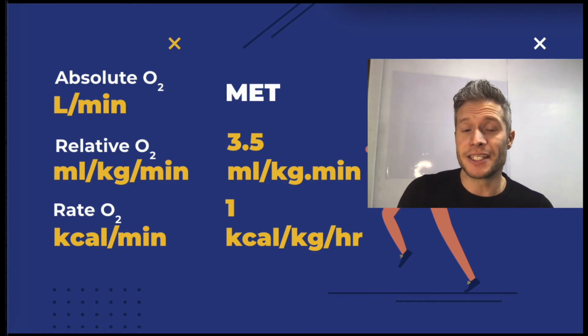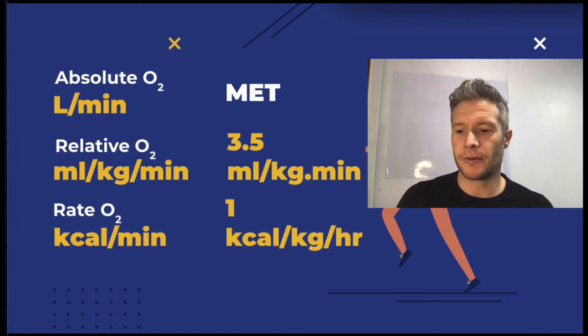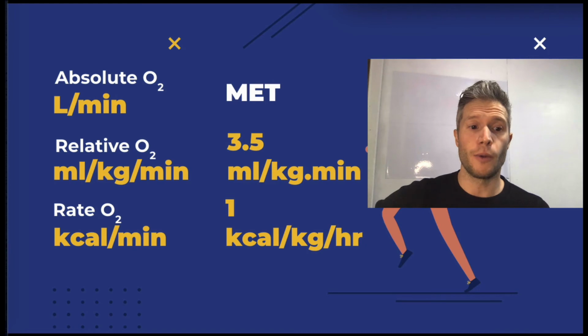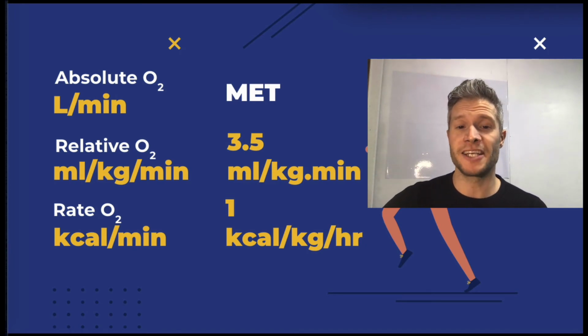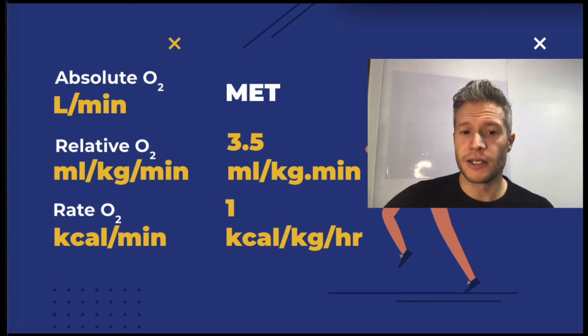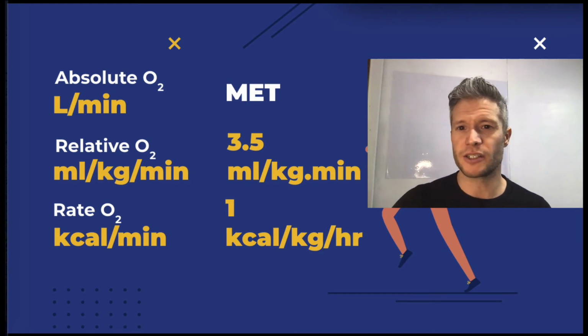Swimming at different intensities can be 3 METs, 5 METs, 10 METs. And all that's saying is that it's 3, 5, and 10 times more metabolically demanding than if you're at rest. So it's a cool way to conceptualize how demanding a certain activity is at a certain intensity.